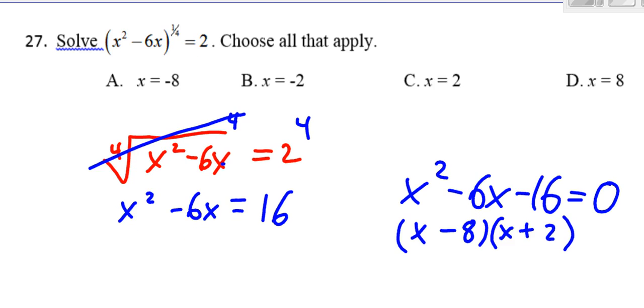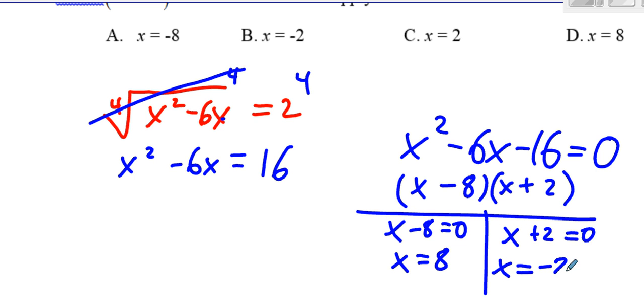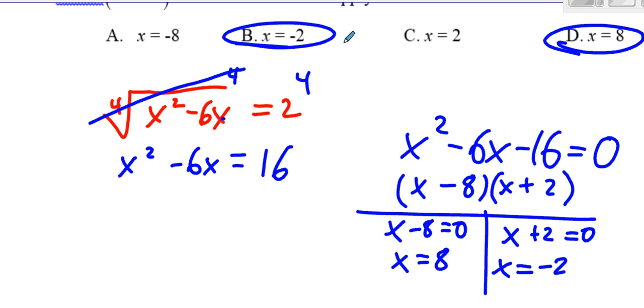And when you solve it, you get x equals 8, and x equals negative 2. And it did say circle all that applies, so there they are.